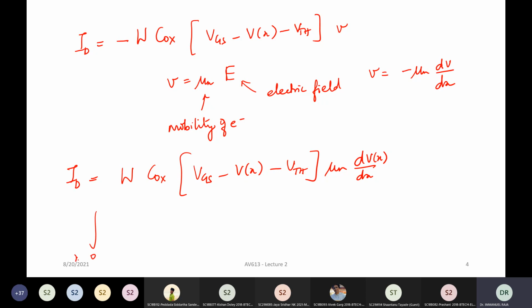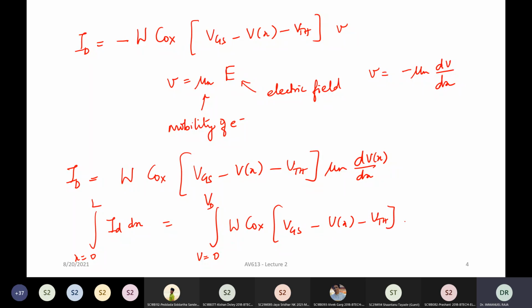So it becomes x integrated from 0 to capital L, capital L being the channel length. ID into dx is equal to integral of V going from 0 to, let's say this is your drain voltage. Okay. And you have W Cox, you have VGS minus V of X minus VTH into mu n into dV, right?